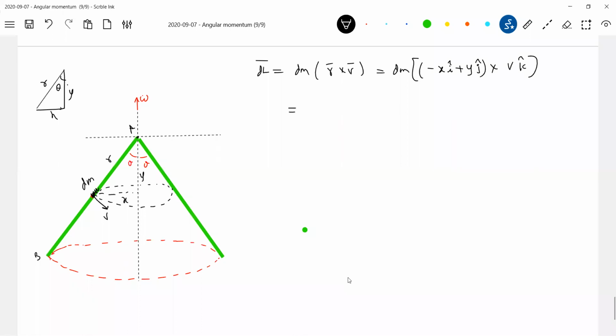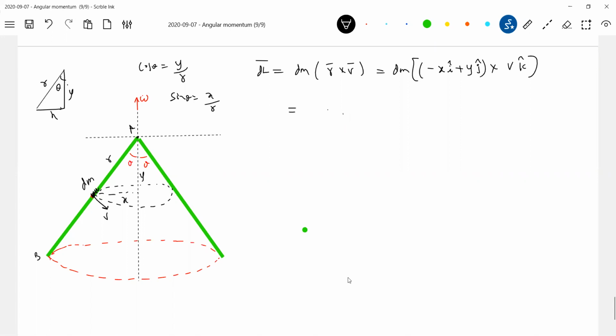What are x and y in terms of r? Cos theta equals y by r, so y equals r cos theta. Similarly, sin theta equals x by r. Then I'll substitute here.